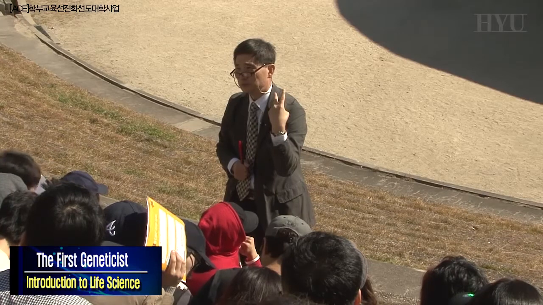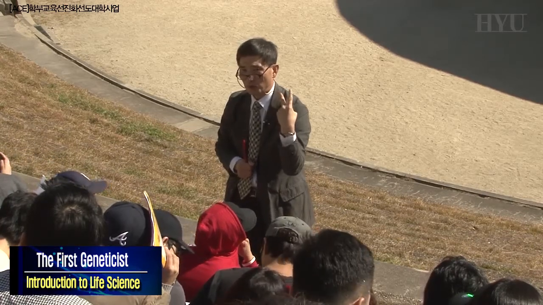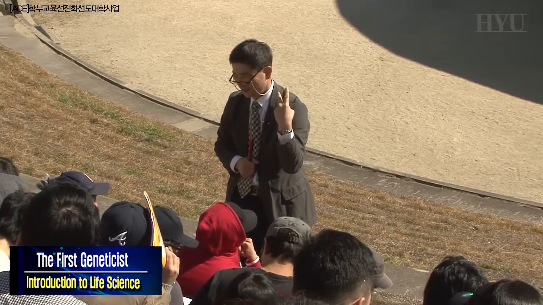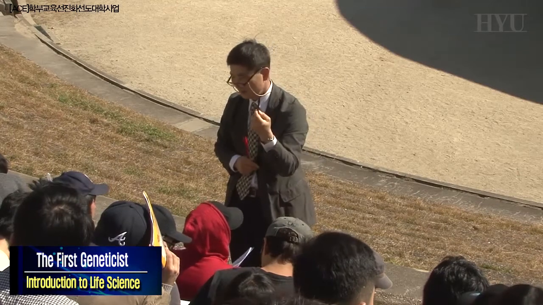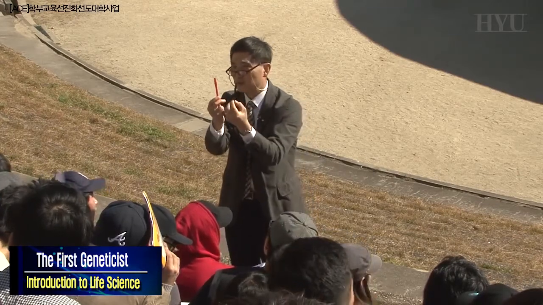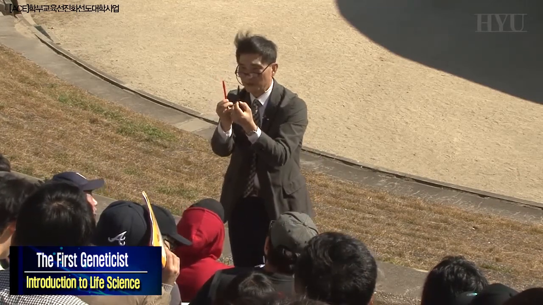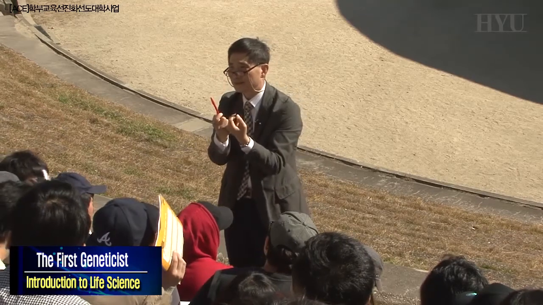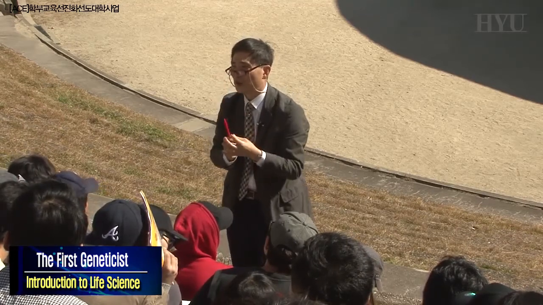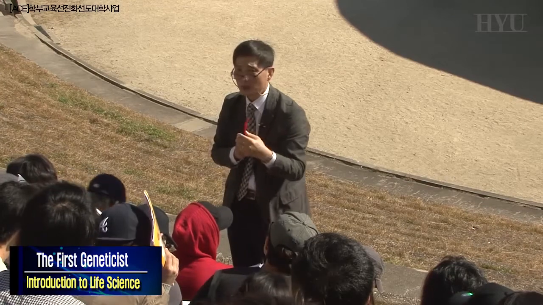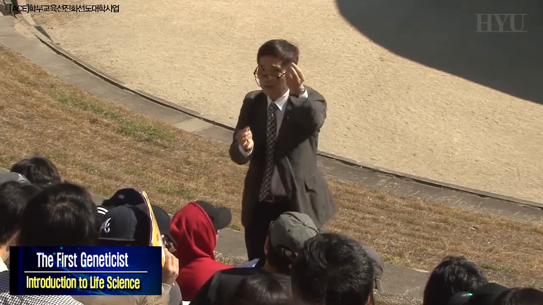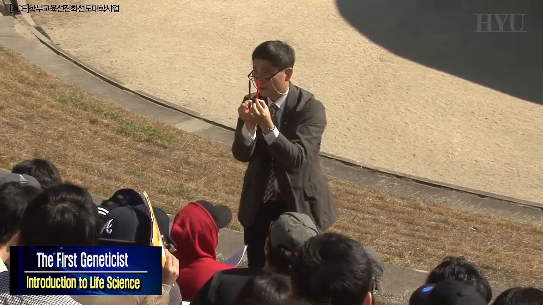Is it true? False. Why? You have 2 alleles. If they are the same, you are a homozygote. If they are different, it's called heterozygote. You can have 2 alleles, one from mother, one from father.